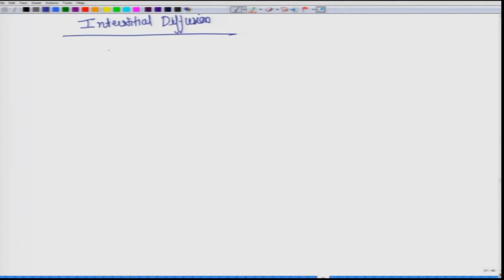So, let us draw this schematically. So, let us say these are the lattice atoms. And let us say these are our interstitials.